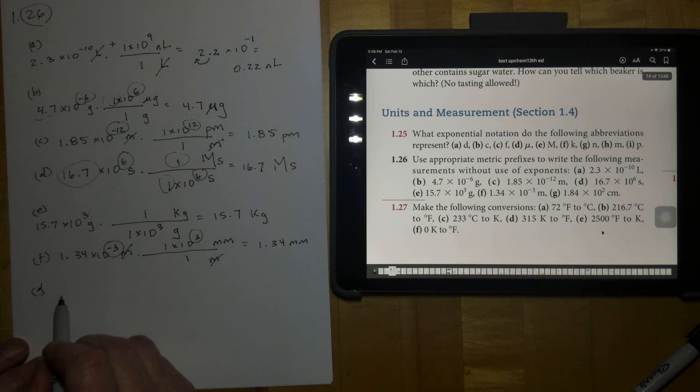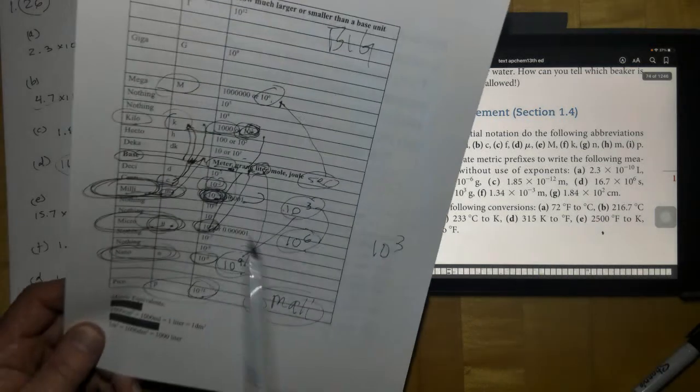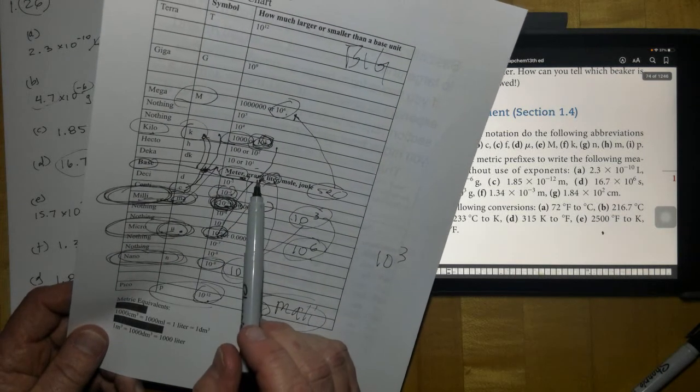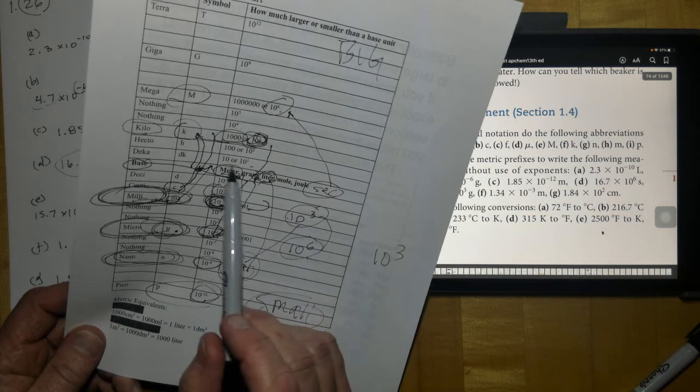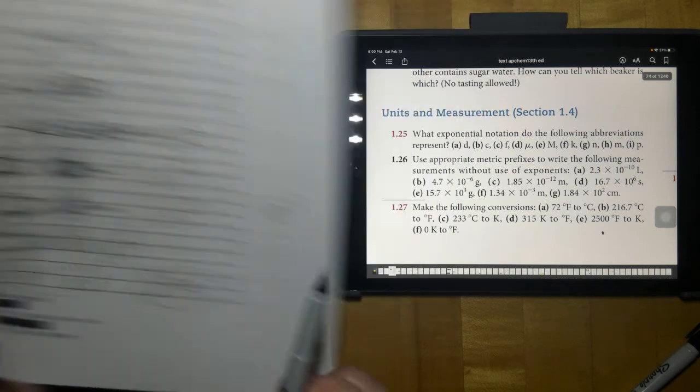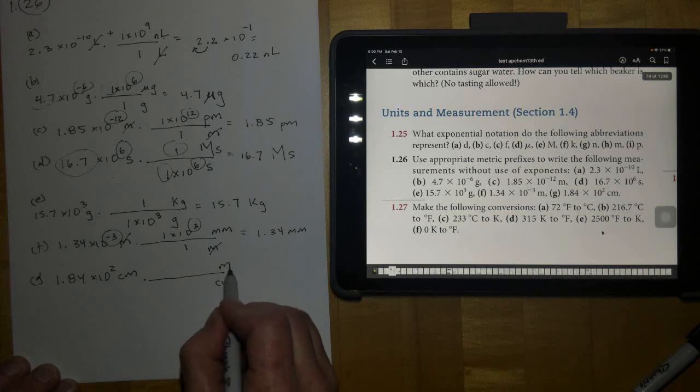Last one, letter G, 1.84 times 10 to the second centimeters. So times 10 to the second would probably mean we'd want it 100 times bigger. So centi to a base unit right here would be 10 to the second, and our base unit we'd be looking at is the meter right here. And so we could relate centimeters to meters.